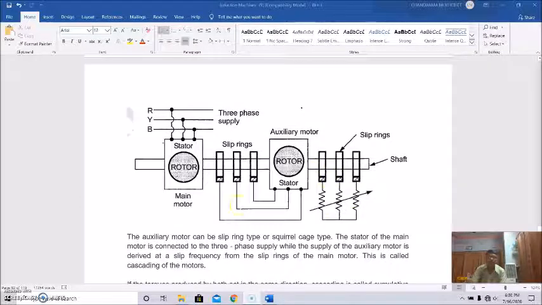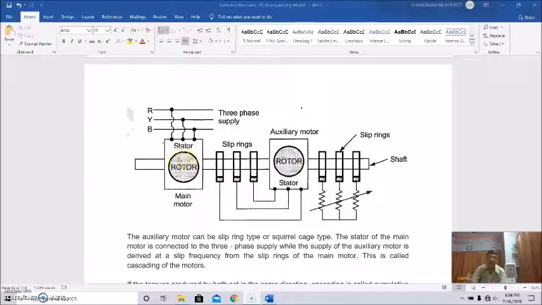So an arrangement is shown here. This is the main motor and this is the auxiliary motor. Both are mounted on the same shaft. This motor is shown here as a slip-ring motor, but it can be a squirrel cage also.